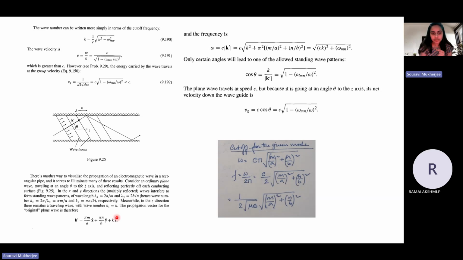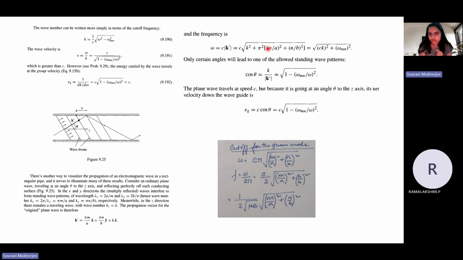So these are the different possible wave vectors that the EM waves can have inside this rectangular waveguide. Okay. And once you know the expression of your wave number or the propagation vector, you can define the frequency from here. Again, you can get this expression.